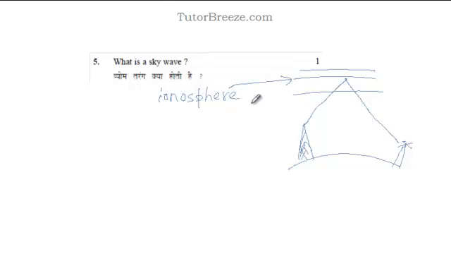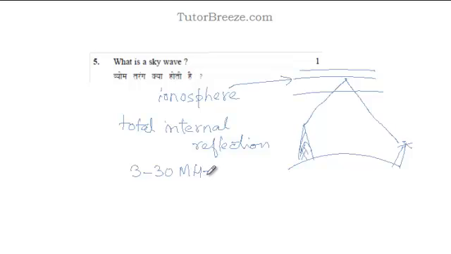So this reflection from the ionosphere is actually total internal reflection, just as you have in optics. And waves which are propagated through sky waves are generally in the range from 3 to 30 megahertz, because if waves of higher frequency are used, then they go through the ionosphere and they don't get reflected back.